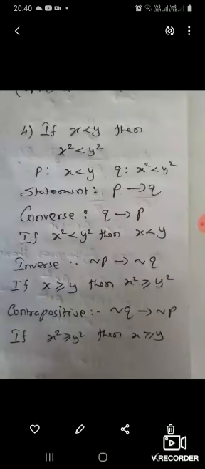So, I hope everyone understands these two concepts. Now, one important concept we are going to discuss, that is converse, inverse and contrapositive. You just see what is called converse, what is inverse.